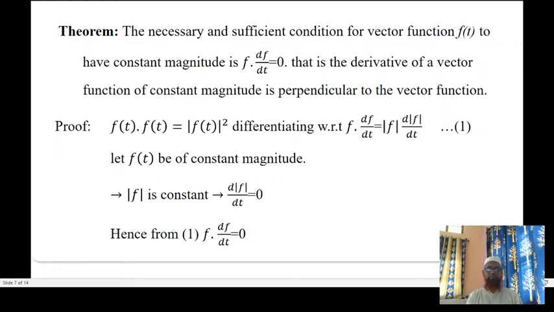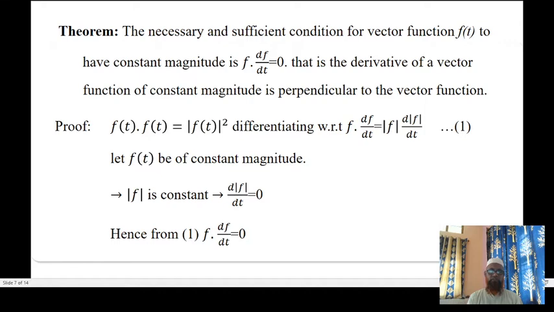Next theorem: the necessary and sufficient condition for a vector function f of t to be of constant magnitude is f dot df by dt equal to 0.